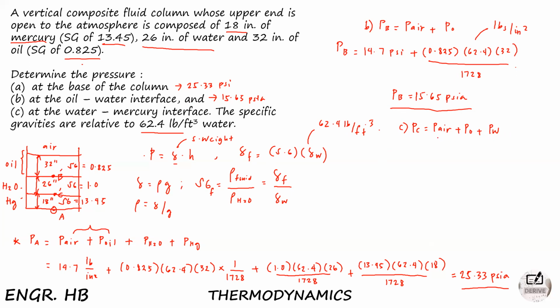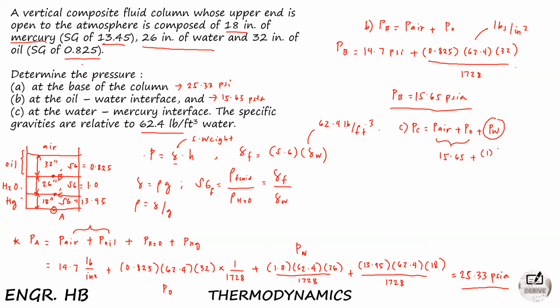And we all know that the pressure ng air plus pressure ng oil is the oil-water interface pressure, which is 15.65 psi here. So we are going to get na lang yung pressure ng water. And we all know that the pressure ng water here ay ito yon. Pressure ng water, ito naman yung pressure ng oil. So without detailed analysis here, we all know that this term is in pounds per square inch.